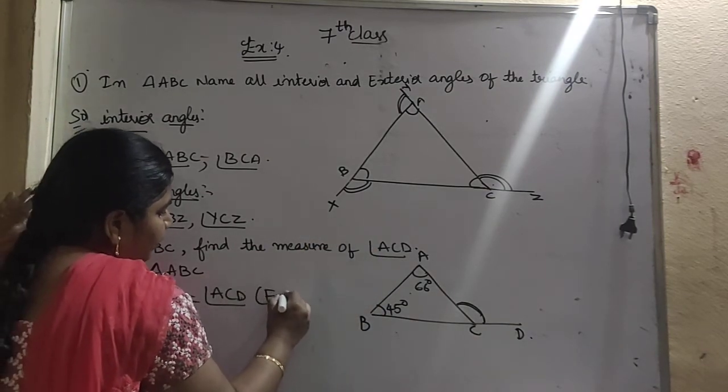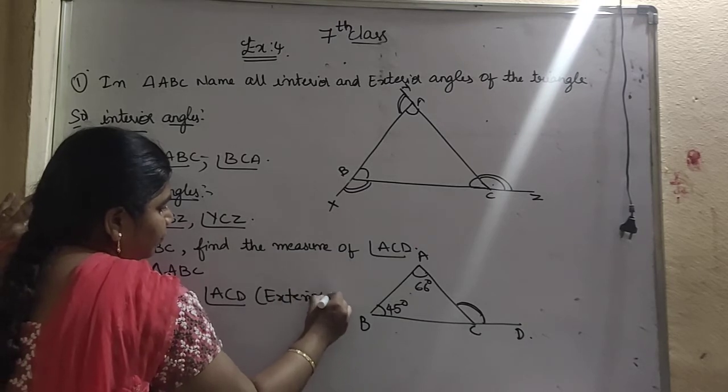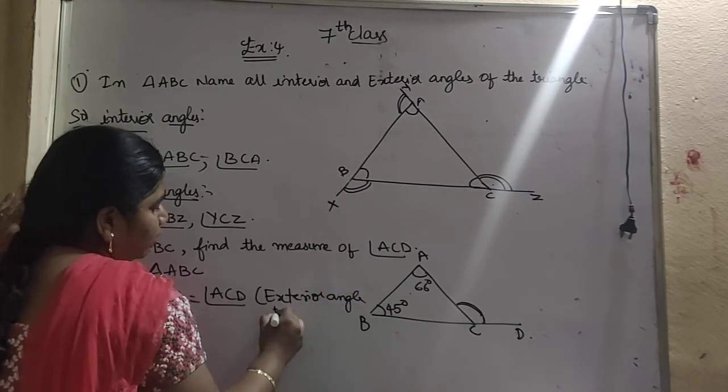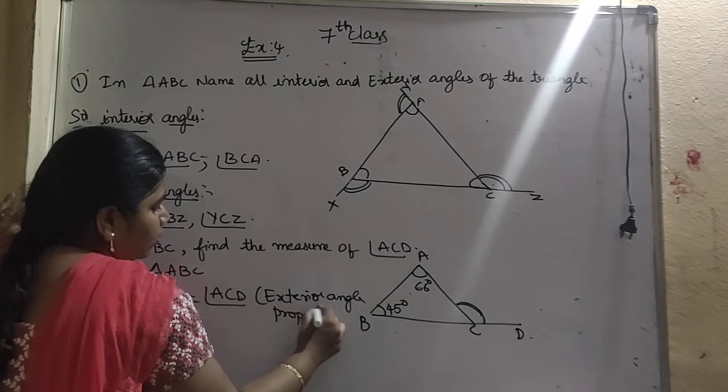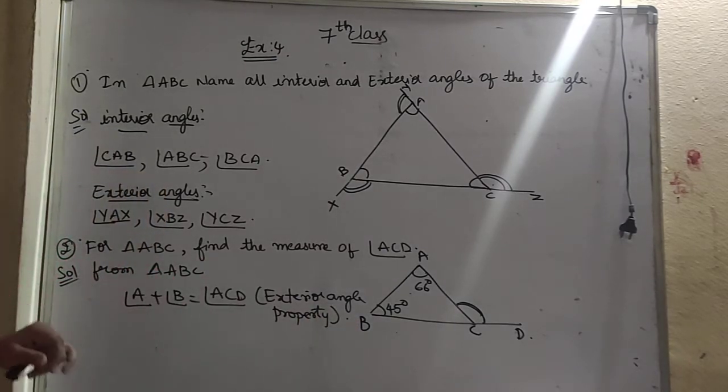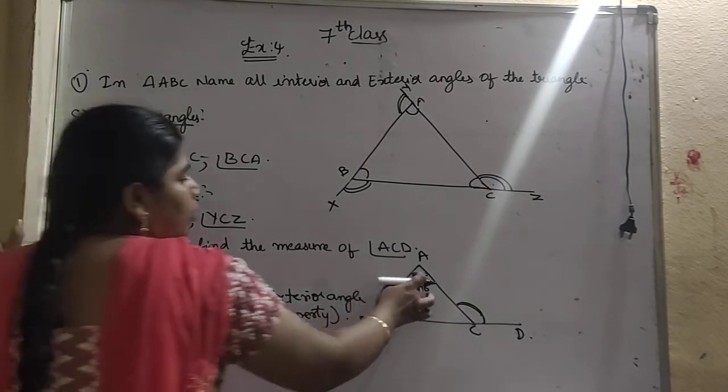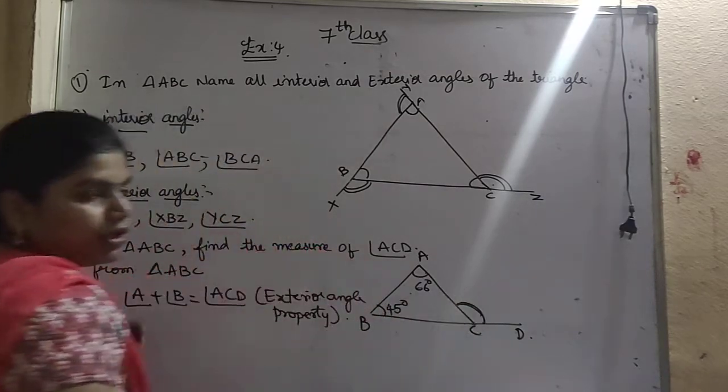By using which property? Exterior angle property. Sum of 2 interior angles is equal to the exterior angle.